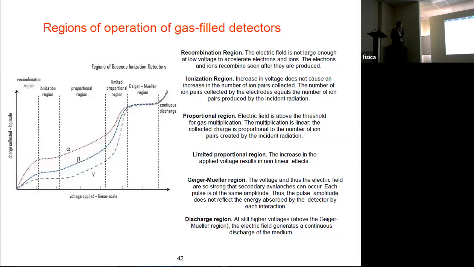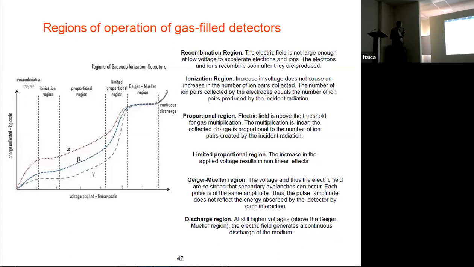The second region is called the ionization region. It is very important and is used for operating devices which are called ionization chambers. And I will show you in more detail how these detectors work.